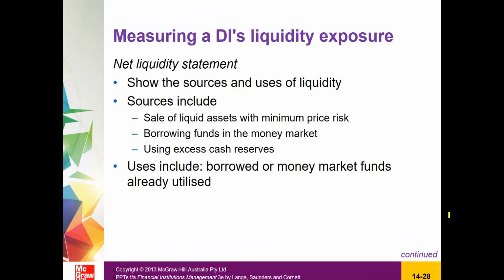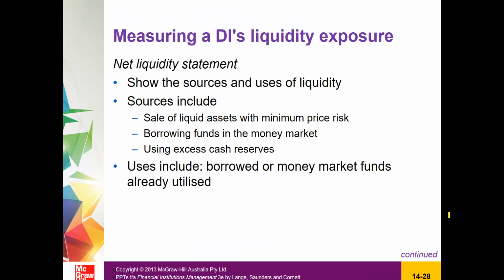So one useful tool for measuring the liquidity position of a depository institution is a net liquidity statement. A net liquidity statement lists the sources and uses of liquidity and thus provides a measure of a depository institution's liquidity position.